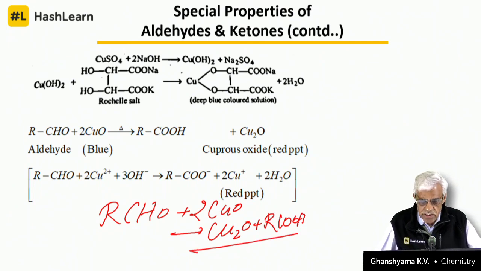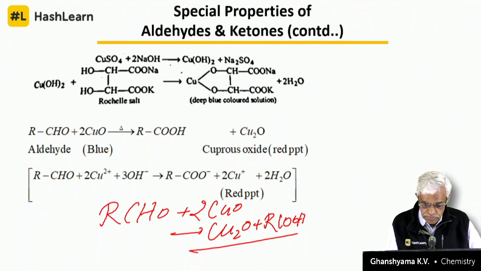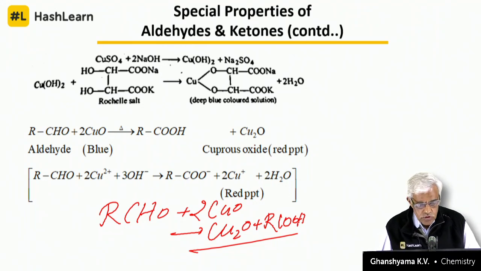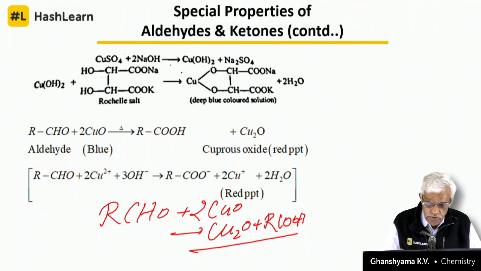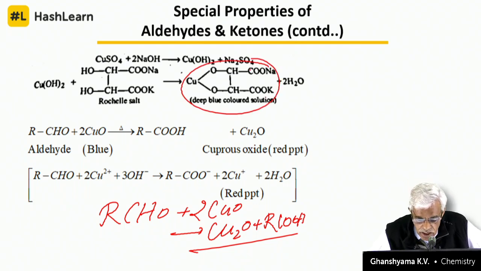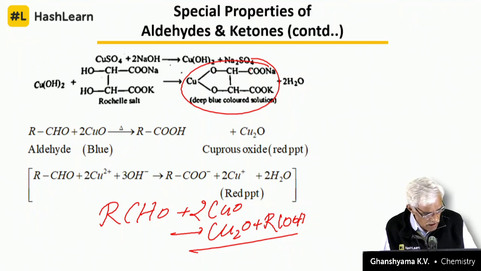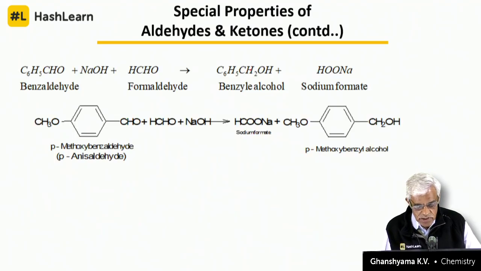This is the crux of the reaction. So, this is Cu2O. The function of copper sulphate is to form a complex which is soluble in water. So, these are some of the special reactions which I wanted to discuss.